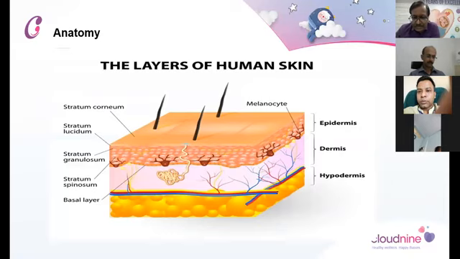First, anatomy of the skin. As you know, skin has 3 layers: the topmost is the epidermis, then the dermis, and the subcutaneous tissue. The epidermis has 5 layers. You can see the topmost is the stratum corneum. Just beneath that we have stratum lucidum and stratum granulosum, followed by stratum spinosum.